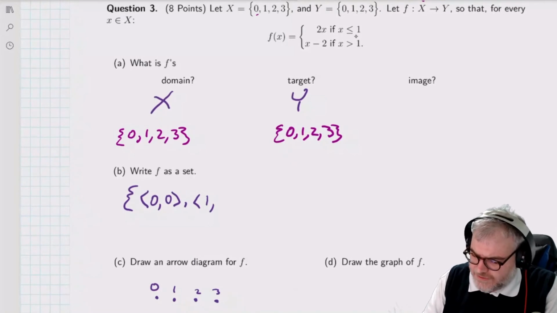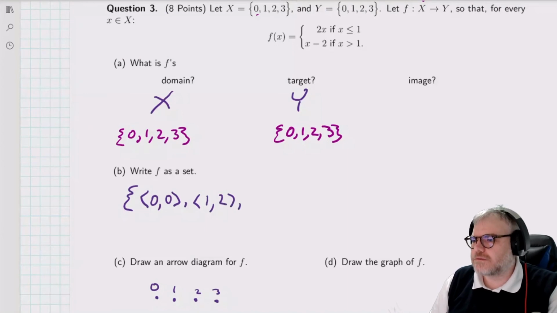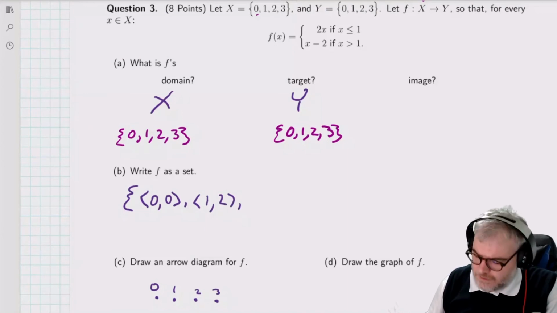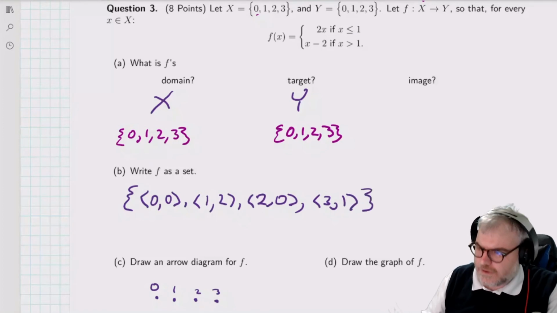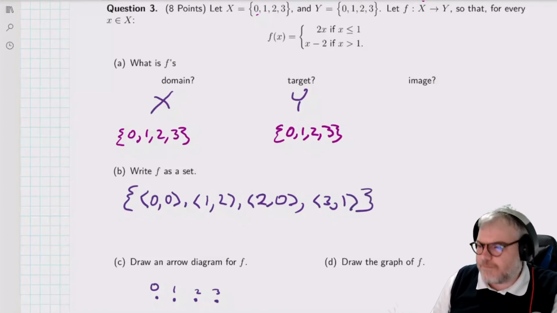Well, 1 is less than or equal to 1, so I get 2. If I input 2, 2 is greater than 1, so I get 0. And if I input 3, 3 is greater than 1, so 3 minus 2 equals 1. How do we feel about part B there, 1 to 5?